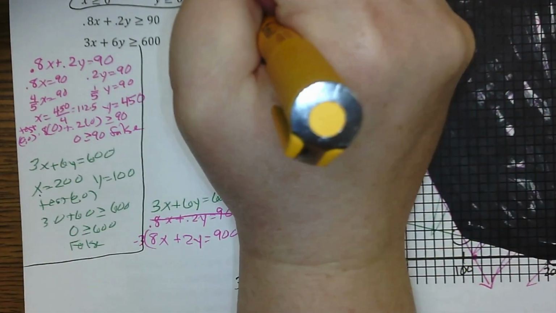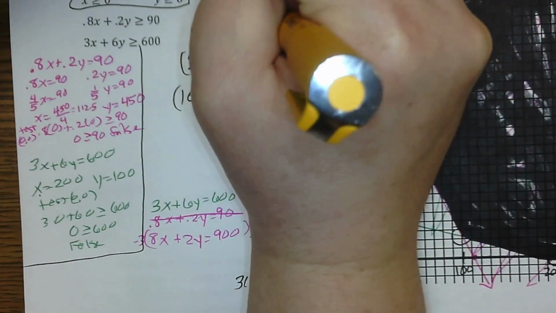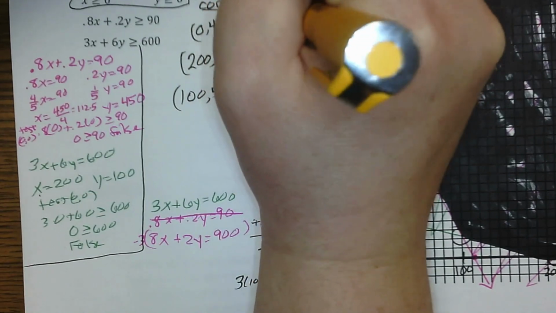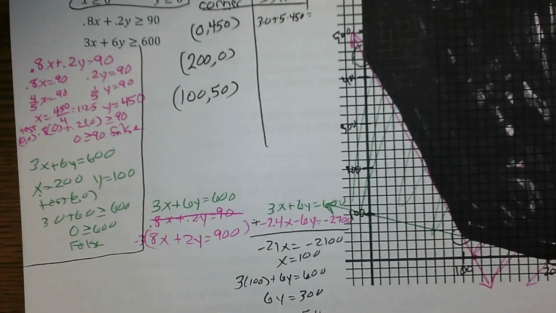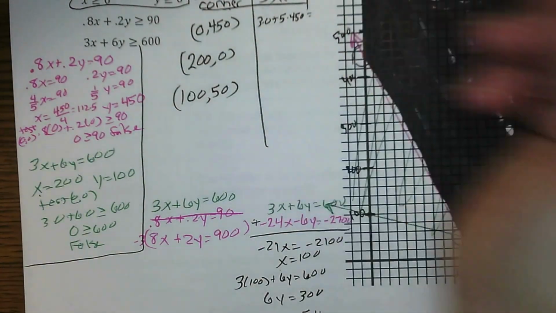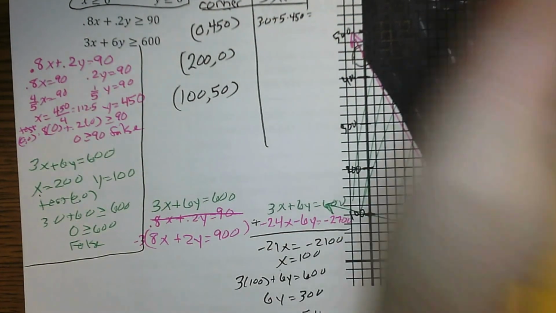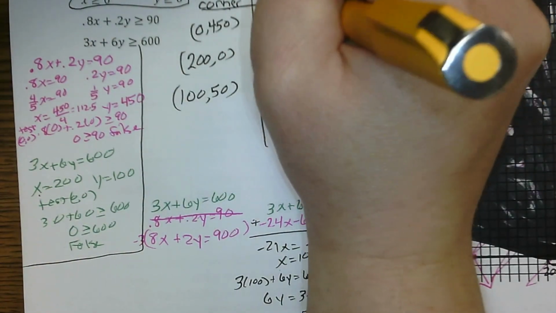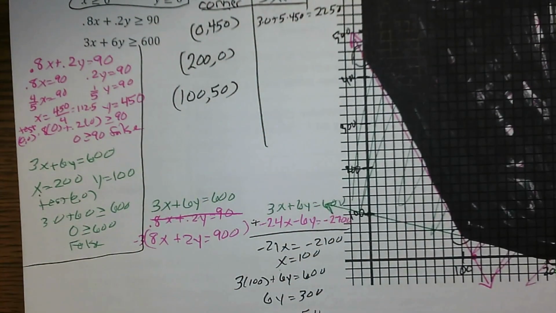So 3 times 0 plus 5 times 450. 5 times 400 is 2,000. 5 times 50 is 250. So 2,250.